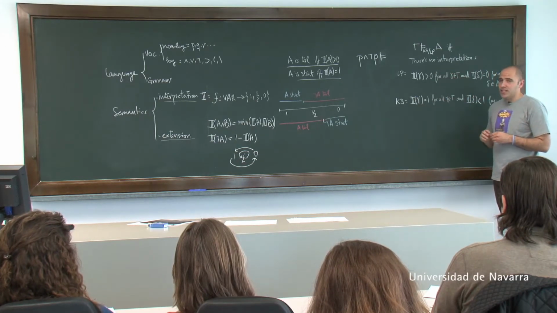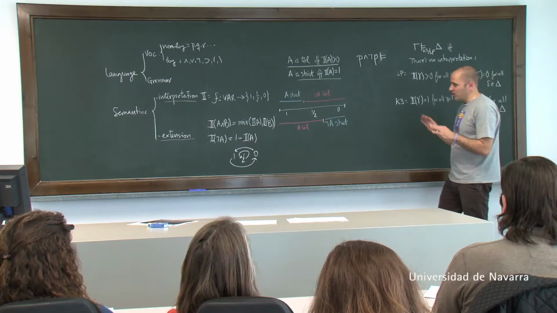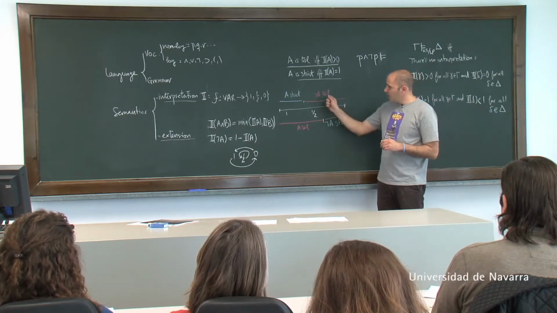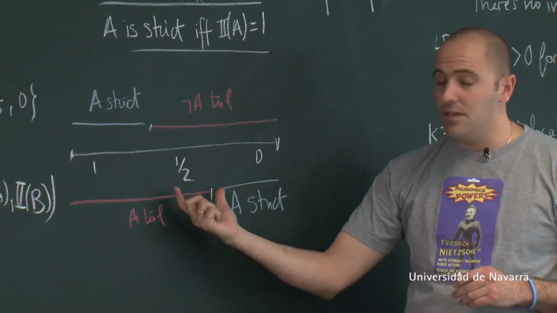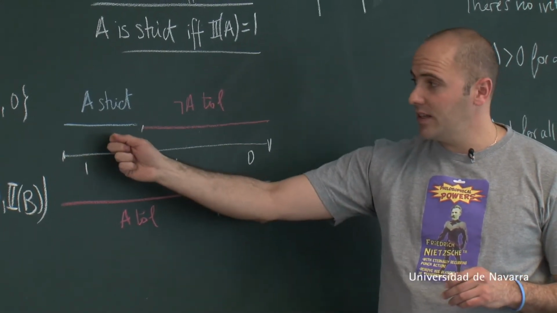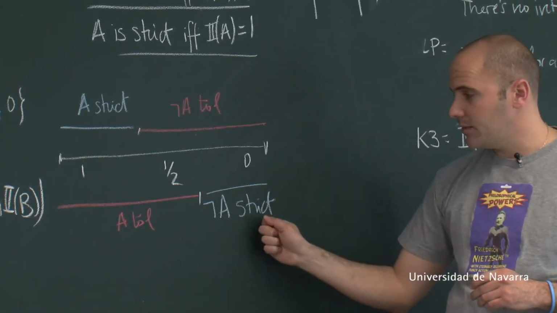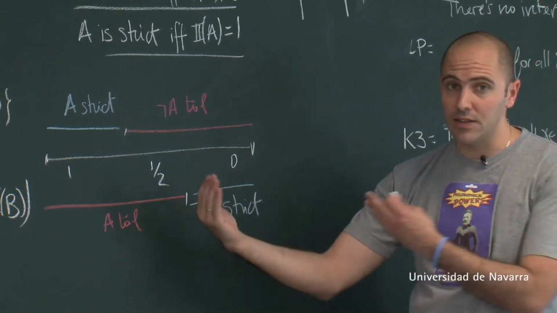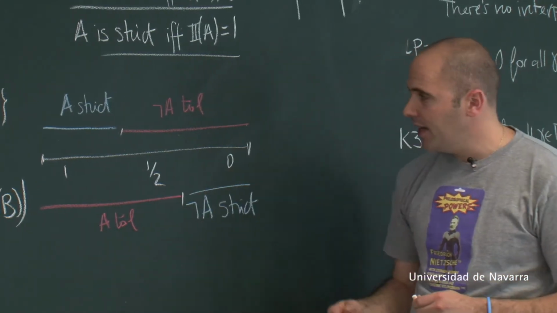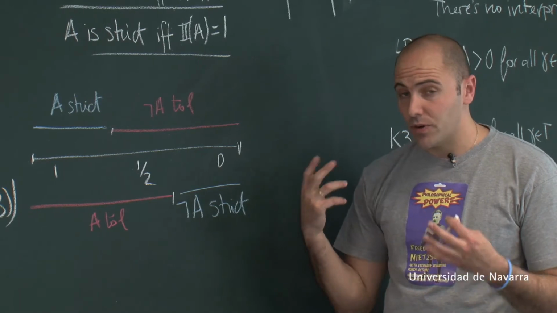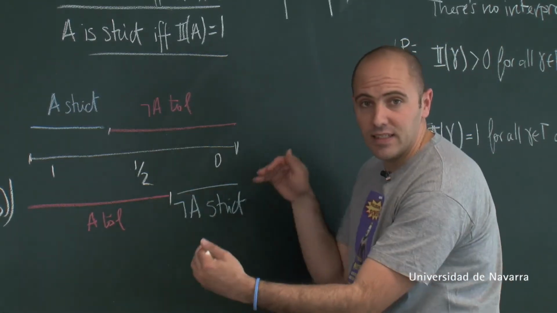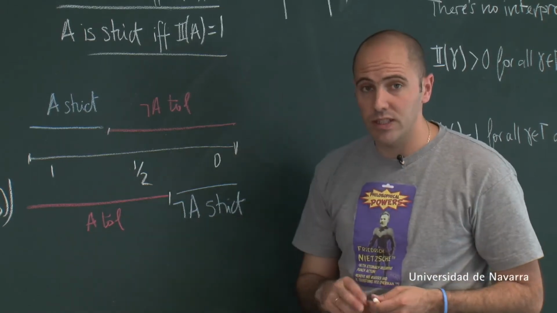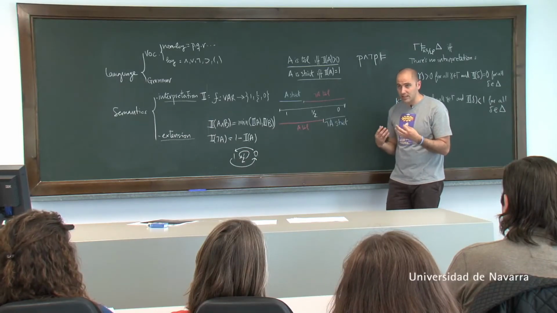Now, K3 and LP are different logics, right? Consider that K3 preserves strict truth, and strict truth leaves a gap between A being strictly true and A being strictly false, so it leaves a gap between truth and falsity, while LP leaves a glut, so to speak, an overlap between truth and falsity. And this is reflected in the logic.